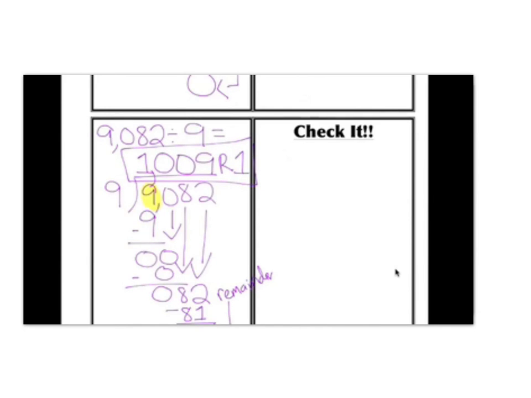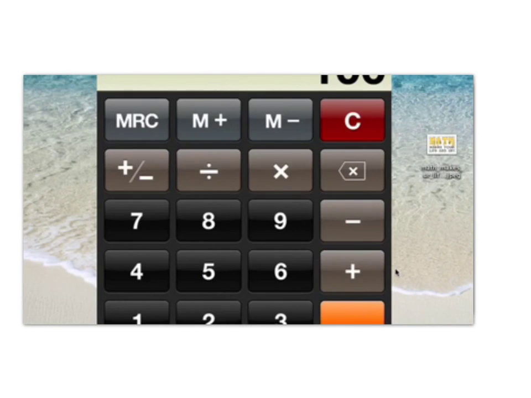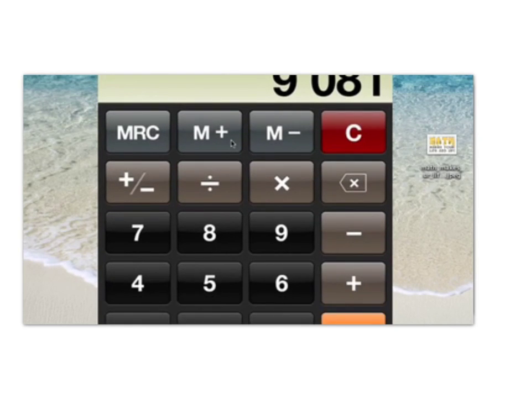Okay, last step. Let's go ahead and check our work. So we're going to take our answer, 1,009, hold on to the remainder for a minute. We're going to multiply 1,009 times 9. Again, you can do that on your calculator. It's 9,081.